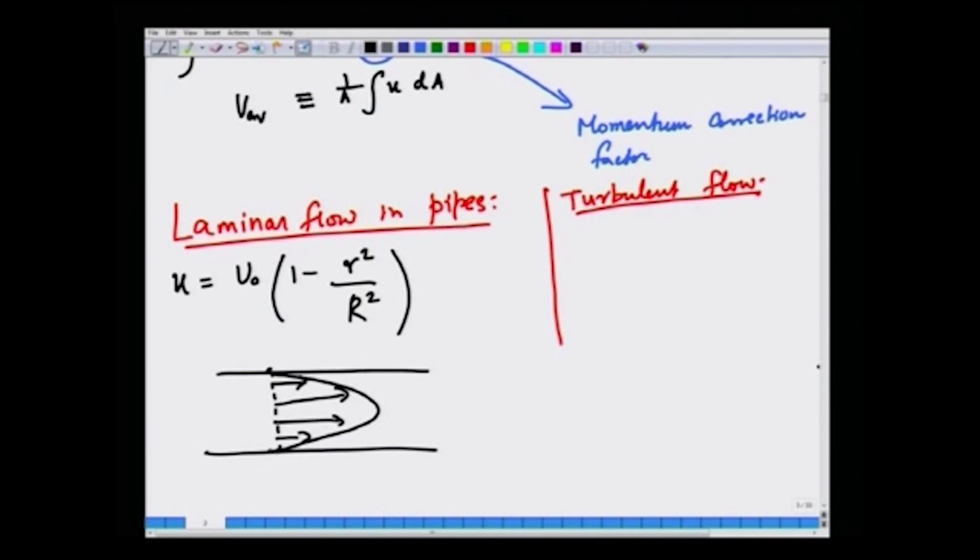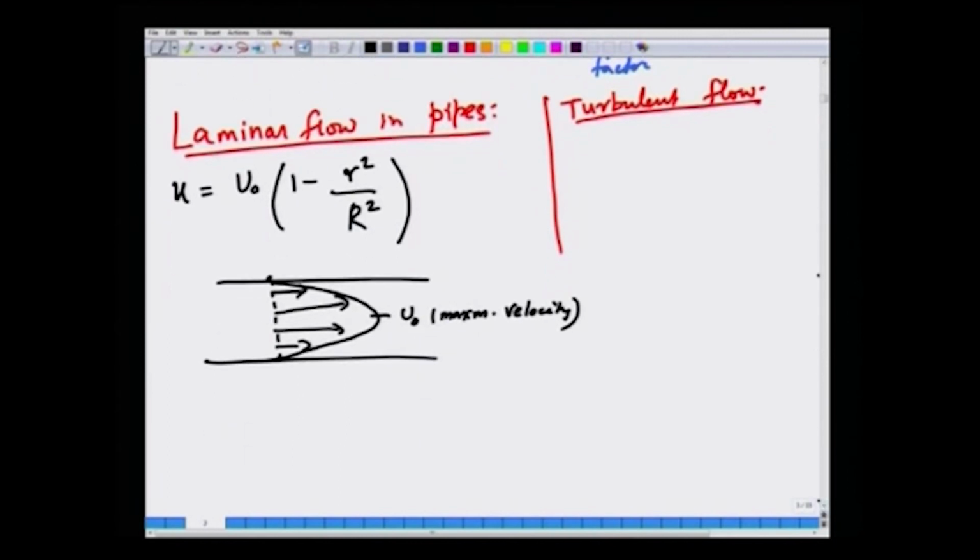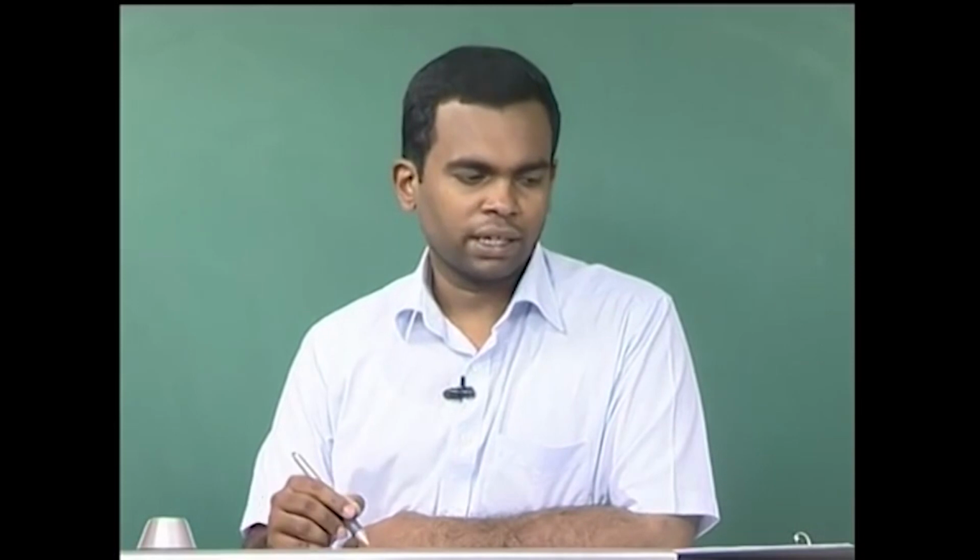Velocity goes to 0 at r equals capital R, and u naught is the maximum velocity at the center, at r equals 0. So, this is both an experimental fact as well as something we will derive theoretically, by doing the differential momentum balance a little later in the course, but right now we will just take it as an experimental fact.